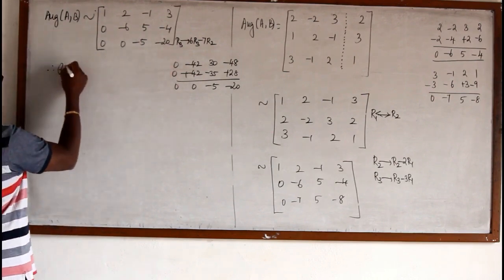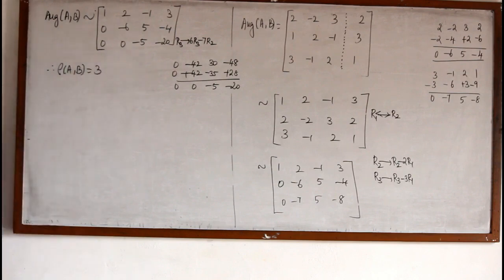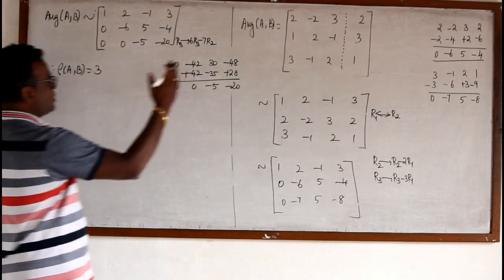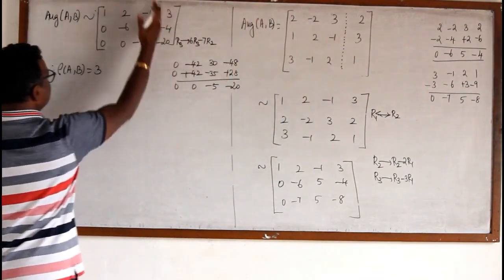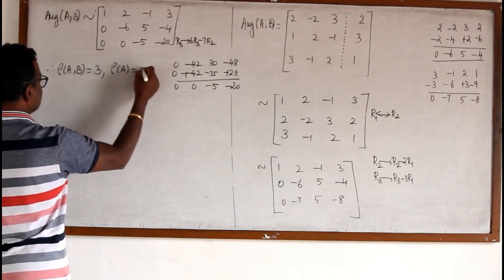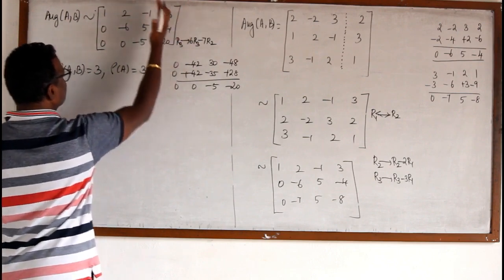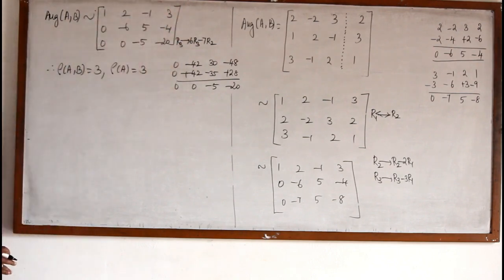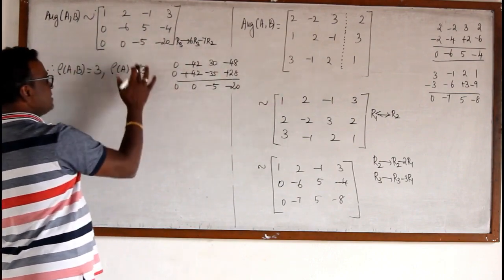Therefore, the rank of AB is 3. Now, if I omit the fourth column, is it not my matrix A? Then the rank of A is also 3, isn't it? The first 3 rows and 3 columns make matrix A, and its rank is 3.